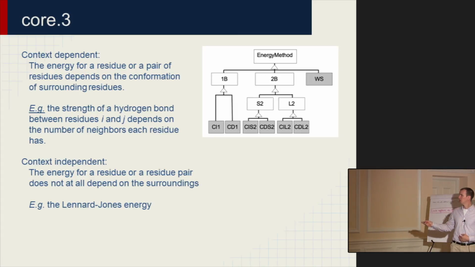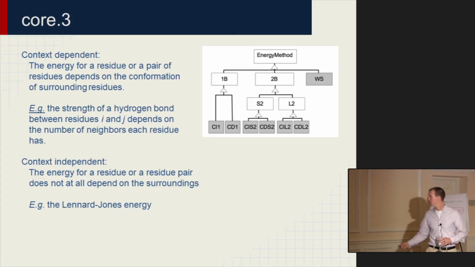for two-body energies, there's a split between short-range two-body energies and long-range two-body energies, which each individually split between context-independent and dependent versions of them. And I'll talk about those in just a moment.